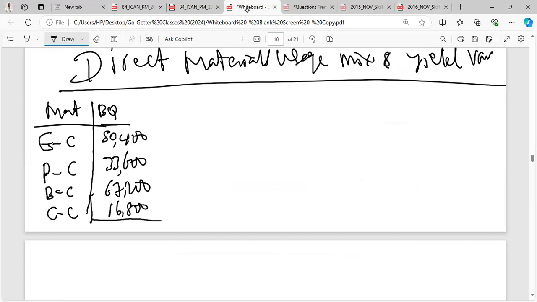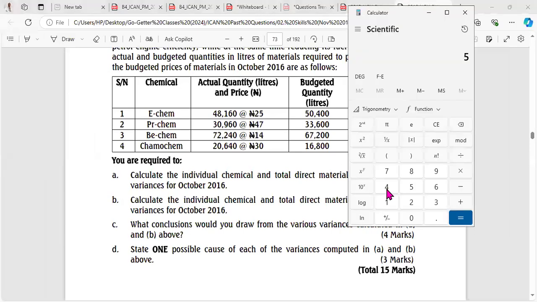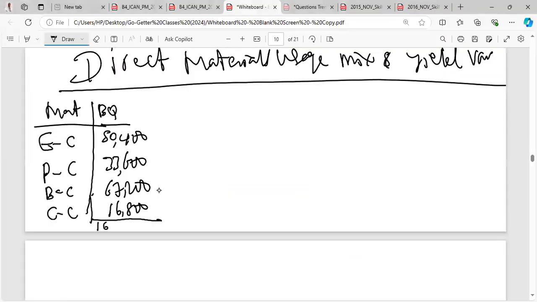So when we total it, what are we having? 5,400 plus 33,600 plus 67,200 plus 16,800 gives us 168,000.